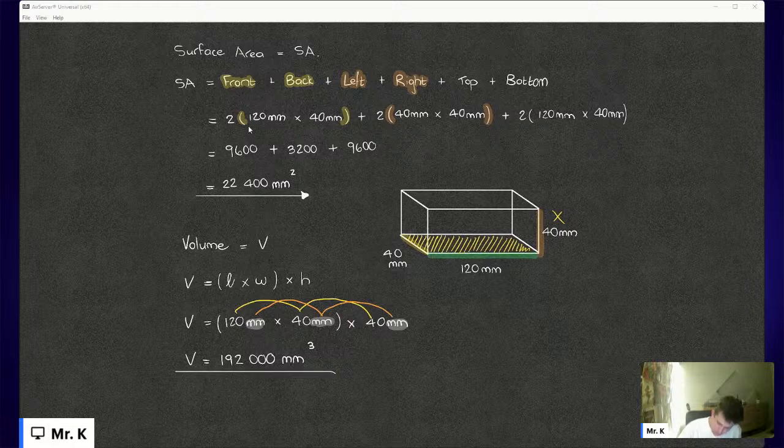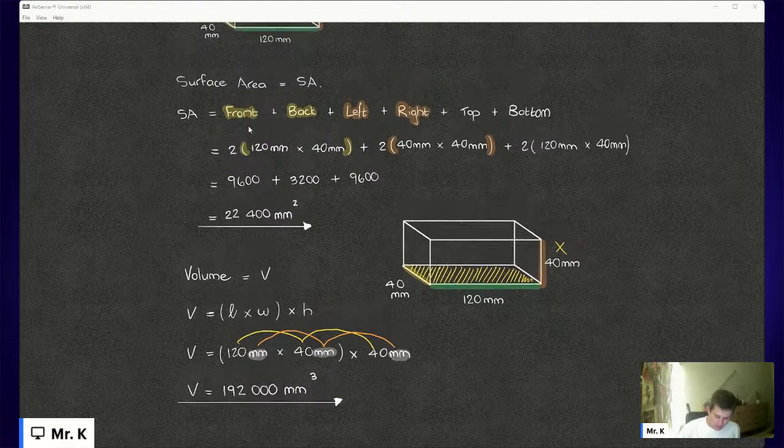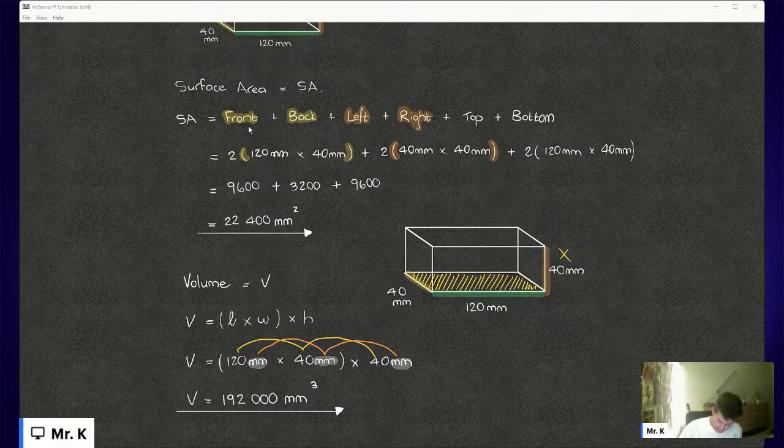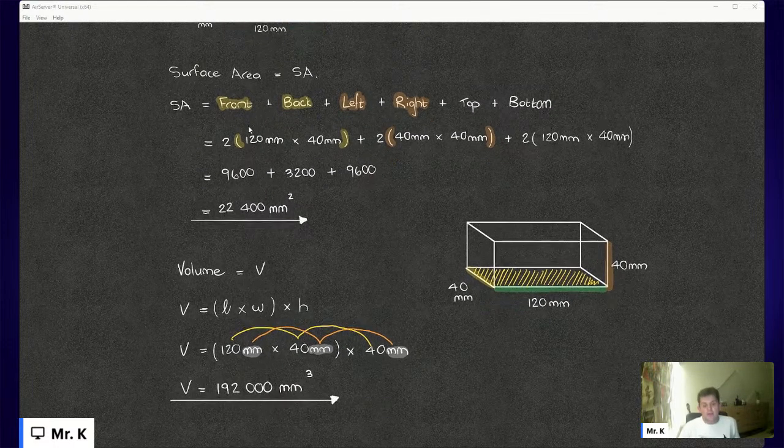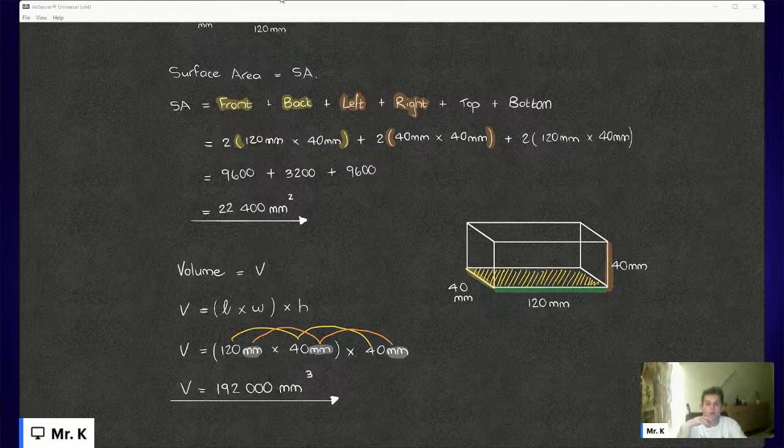We've got a volume of 192,000 cubic millimeters. Again, some of you might be shocked because of the fact that this is quite a large number and you might think that you've done something wrong. That is not the case, guys. Remember, we use volume for all kinds of things.